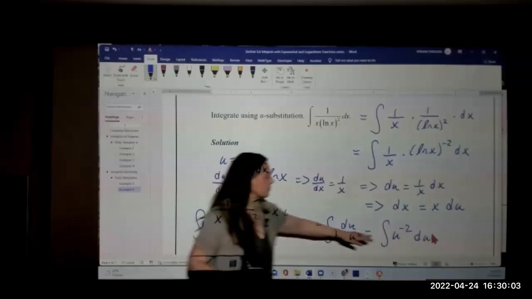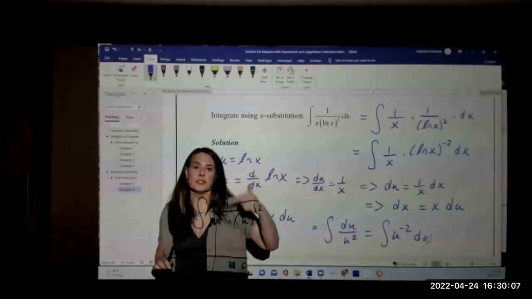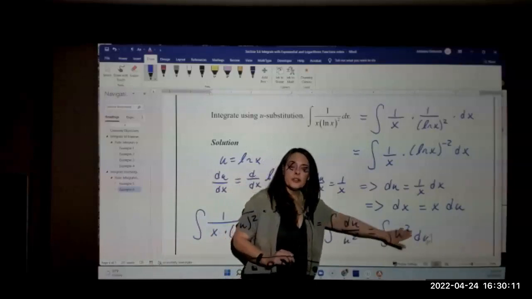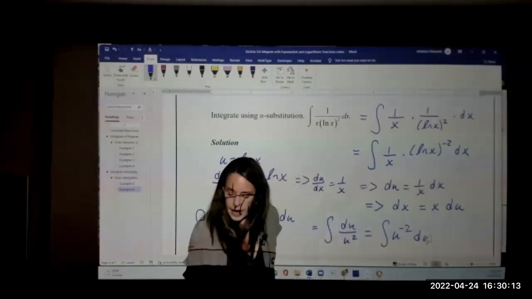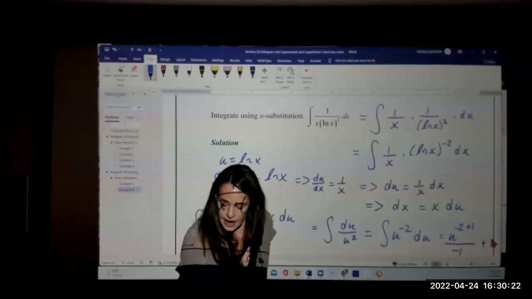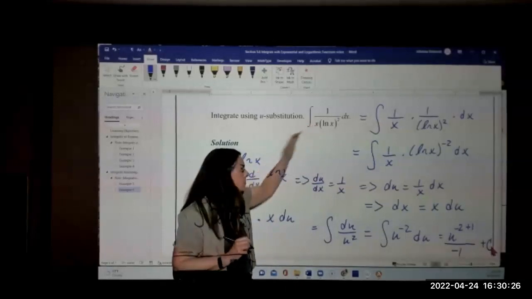Now, because the differential is du, I know that the variable is u, and that means I can apply the power rule to u to the -2. So I add 1 to the power, so it becomes -2 plus 1, and divide by the new power -1, and add on my constant of integration because it is an indefinite integral.